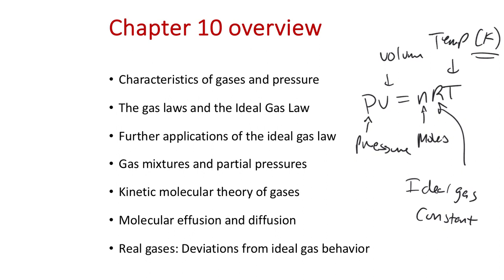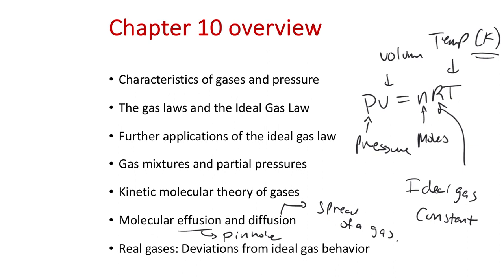And then we'll talk about effusion, diffusion. So effusion is the escape of a gas from a pinhole. You can think about, maybe a pressurized tire has a pinhole in it. The air would be effusing from that pinhole. And then you can think about the diffusion of a gas through a medium. So this is the spread of a gas.